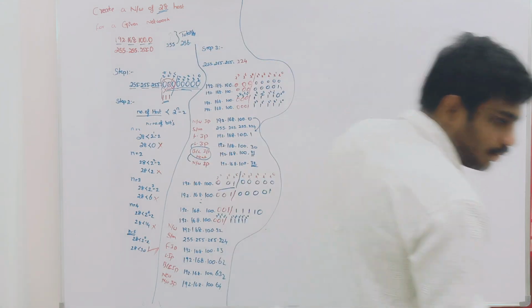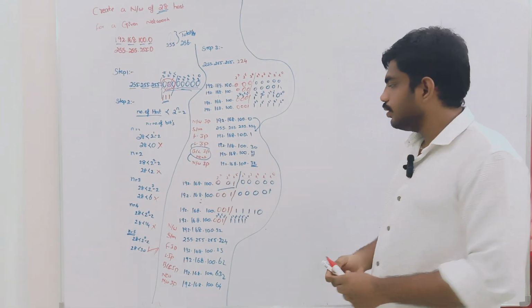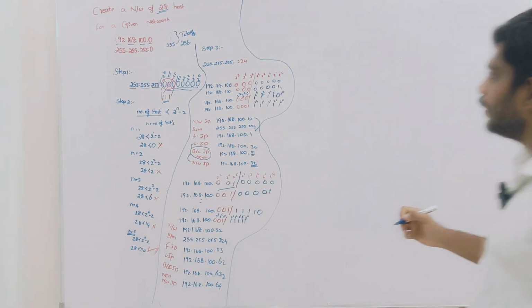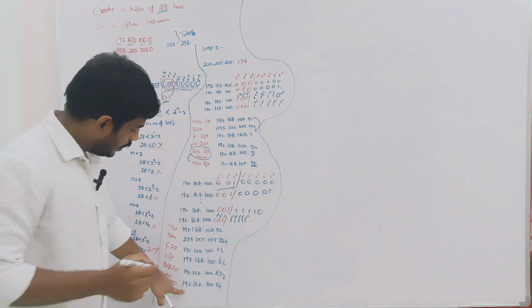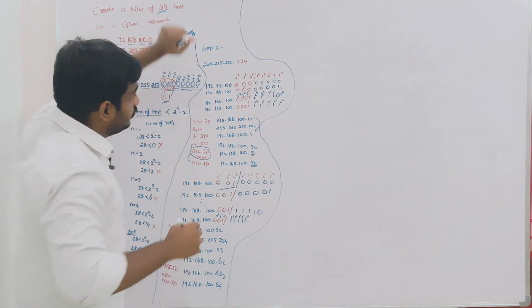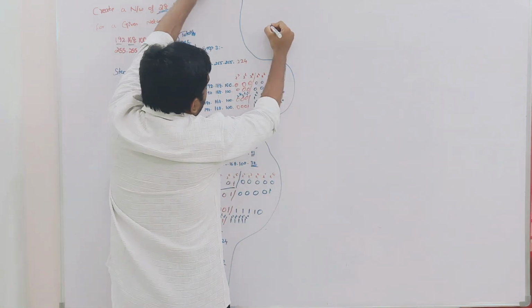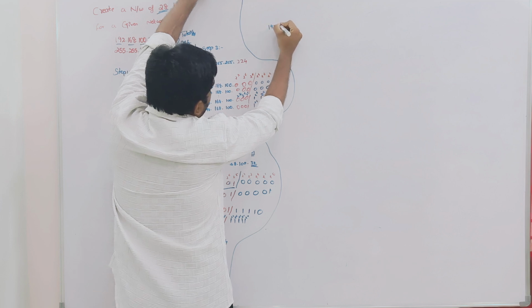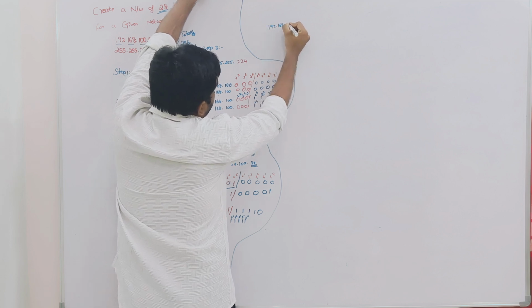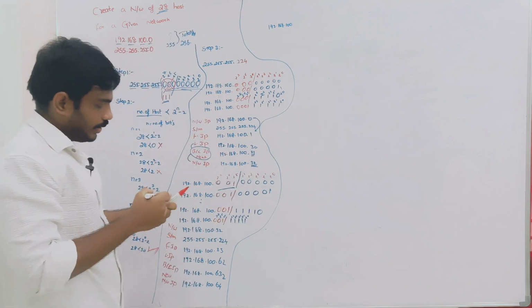You take it now. So now you write 192.168.100.64. What I told you: you take 192.168.100 dot.